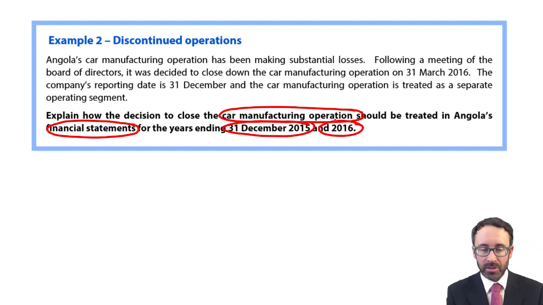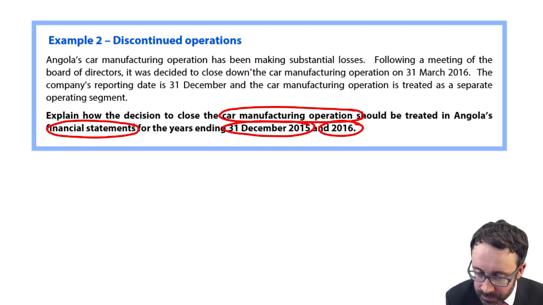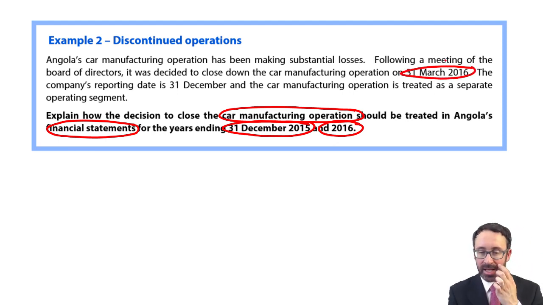We're told in the information that we'd be making losses. Following a meeting of the board of directors, it was decided to close down the operation on the 31st of March 2016. So that's in the following year, isn't it? The company's reporting date is the 31st of December, and the manufacturing operation is treated as a separate operating segment. So effectively, it is there as a separate line of business, isn't it?